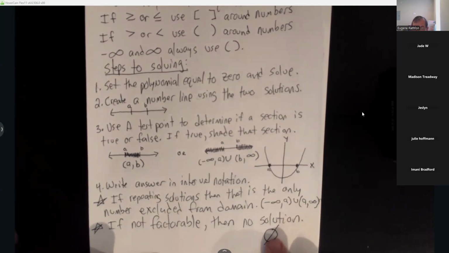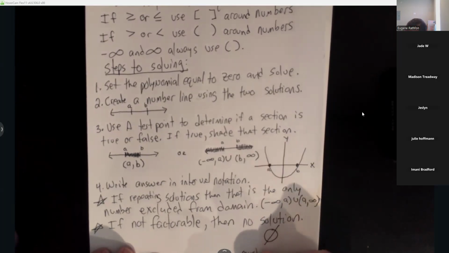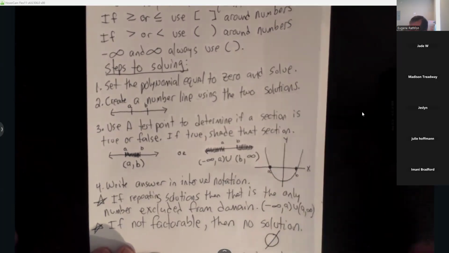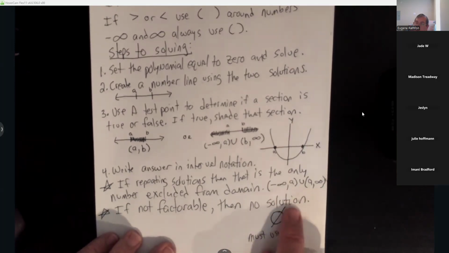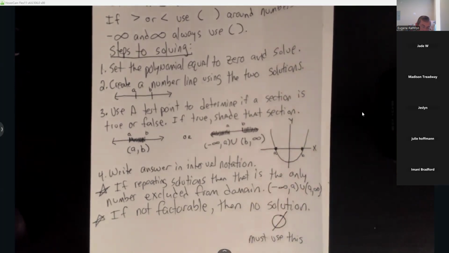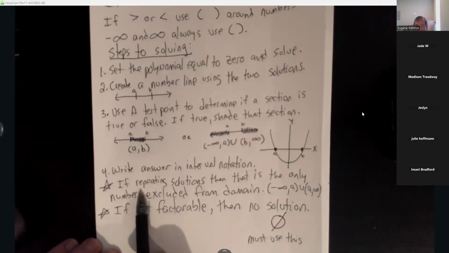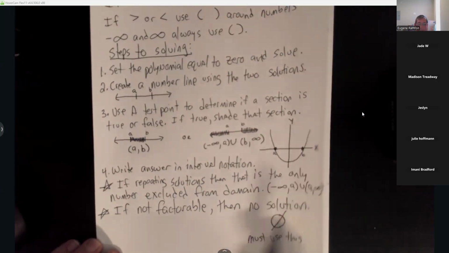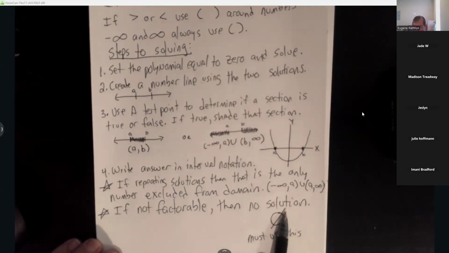You must use this symbol if it's a no solution. If you write no solution, it will mark that wrong, okay? Okay, so I will say this. Most of them are going to be factorable. You will have one where you have a repeating answer, and we will have one that'll be a no solution, okay?